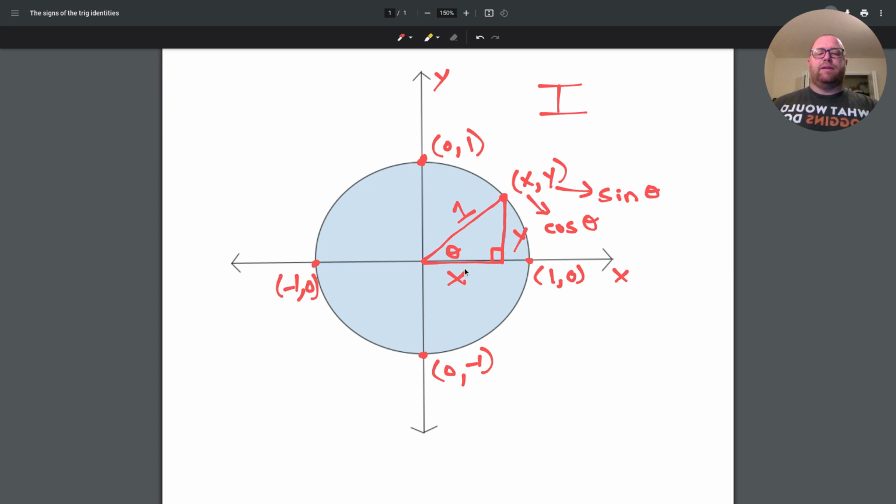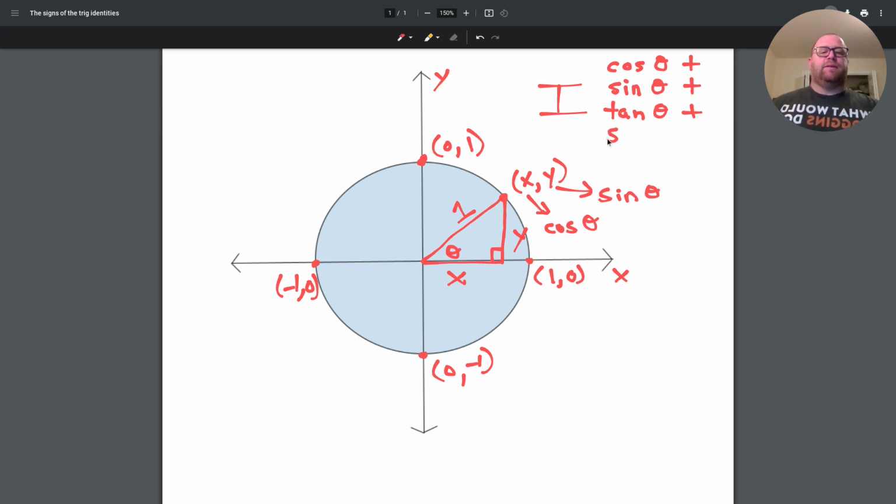Now we'll notice that this is on the positive part of the x-axis and the positive part of the y-axis. So both x and y are positive, so cosine of theta is positive. Sine of theta is positive. The tangent of theta is the sine divided by the cosine, so a positive divided by a positive makes it positive.